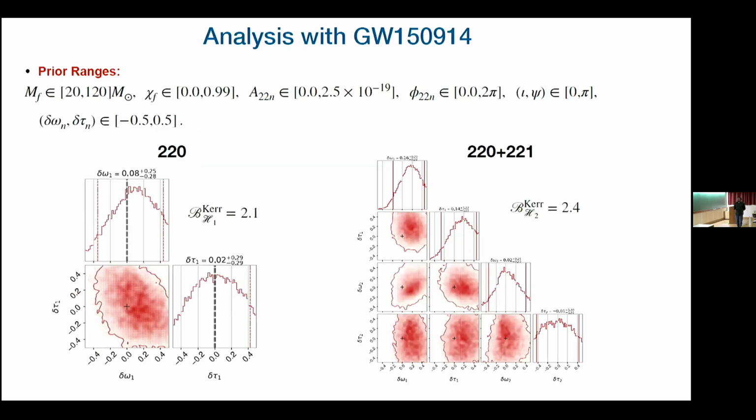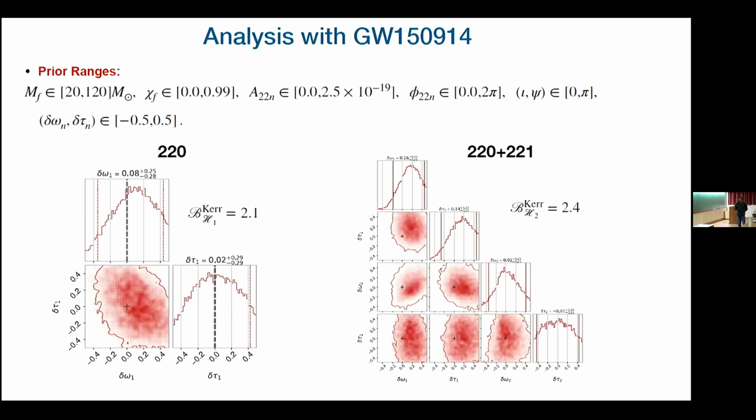So here are some posteriors. These are the uniform priors that I have given on all the parameters of the model. If you take only the fundamental mode, this is the marginalized posterior distribution over the parameters delta omega 1 and delta tau 1. As you can see, there are two things to notice here.